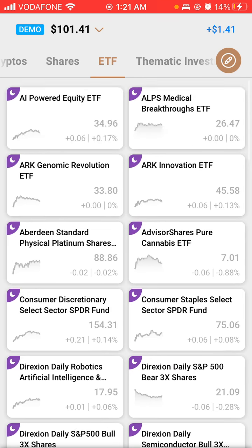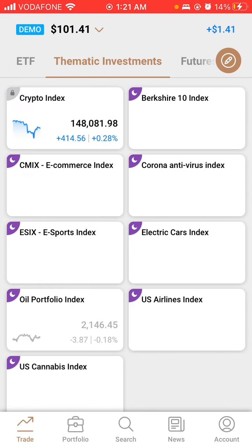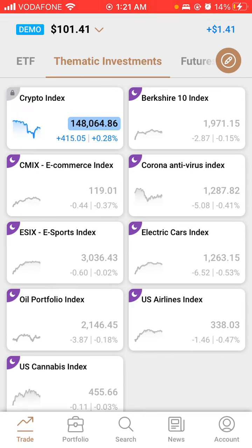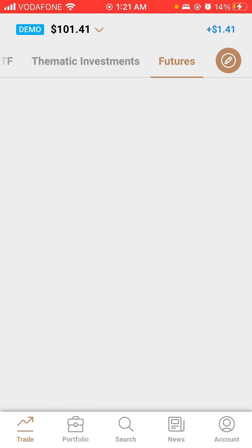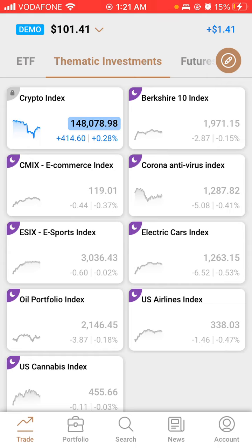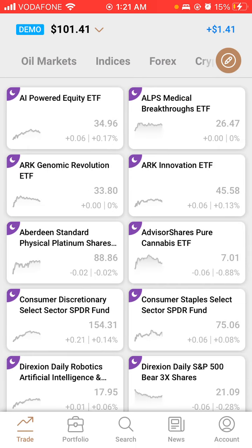But I don't really know much about ETF. They have the Temasek investments, like there are just so many. And we have the futures. I think this is not working for now. So that's just it.